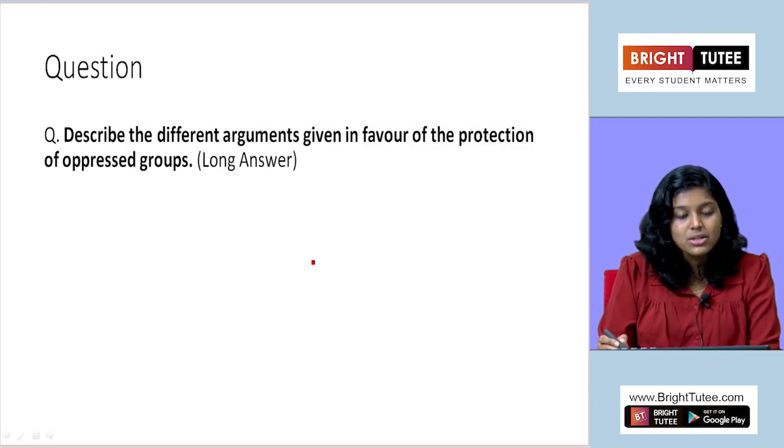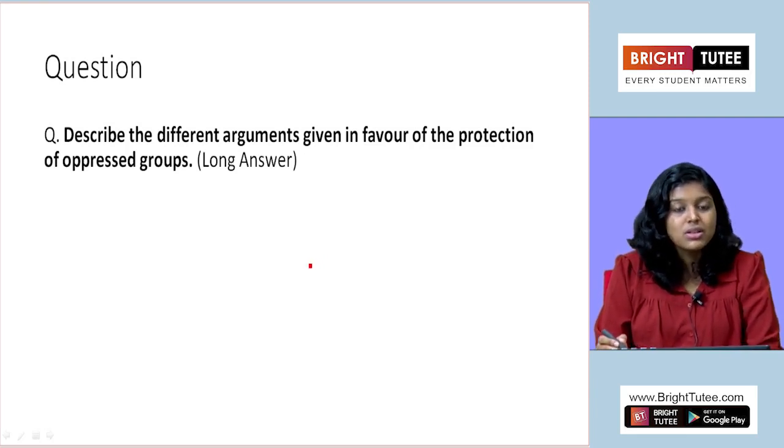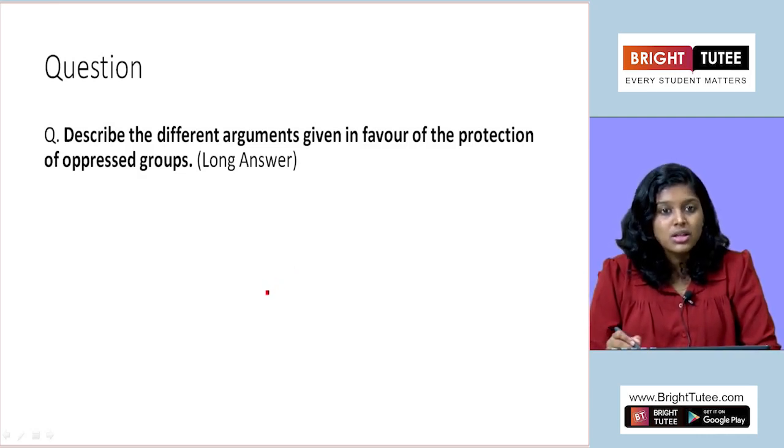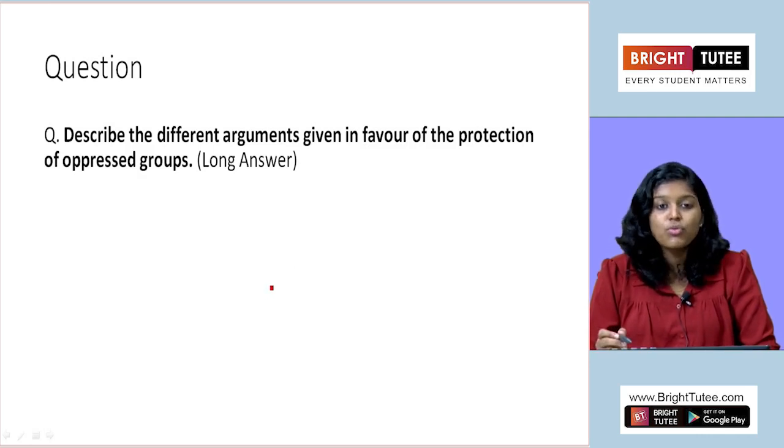So it is a long answer, and here you will have to bring in the different debates and discussions which were going on in the Constituent Assembly during 1946 to 49.